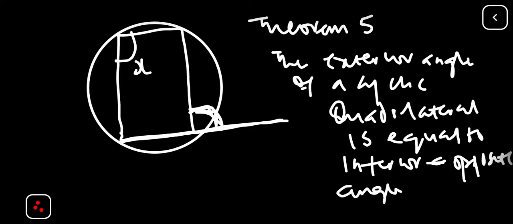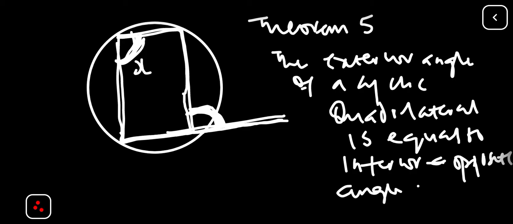Okay, so meaning that this angle here, this is the exterior, is equal to the interior opposite angle. So remember, it must be a cyclic quadrilateral like this first. Then if it has an exterior here, then this exterior angle is equal to the interior opposite angle.